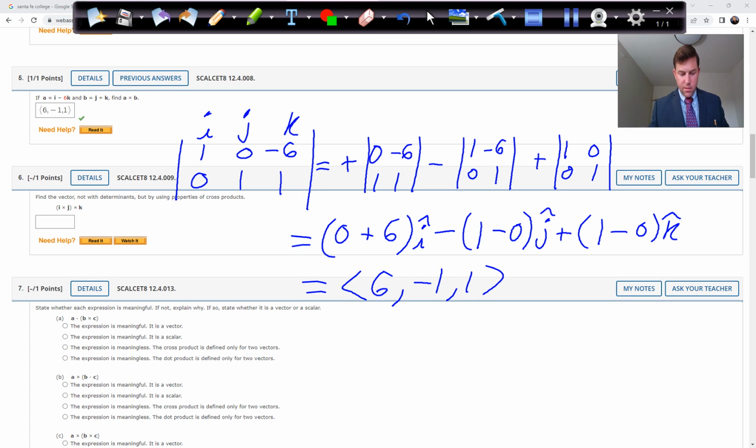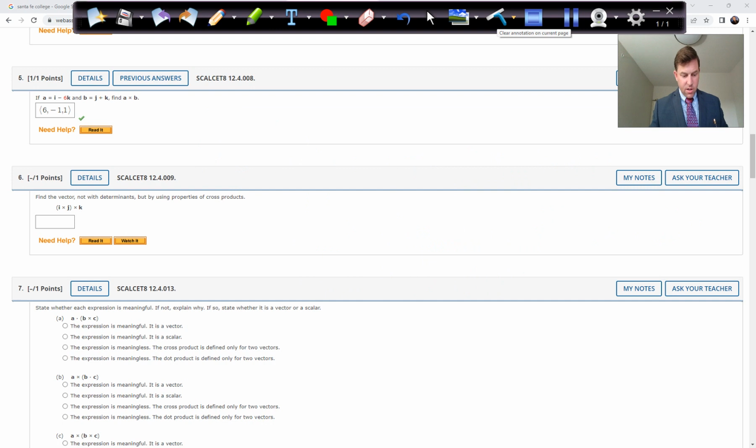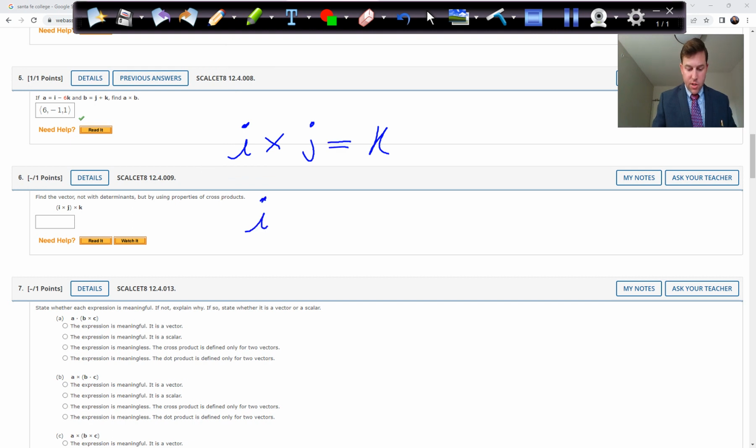Okay, so let's look at problem 6. It says find the vector not with determinants but by using properties of cross products. So it turns out that if you write i, j, k like this, the cross product of i times j equals k. So i cross j will give you k. If you do j cross k, you will get i.